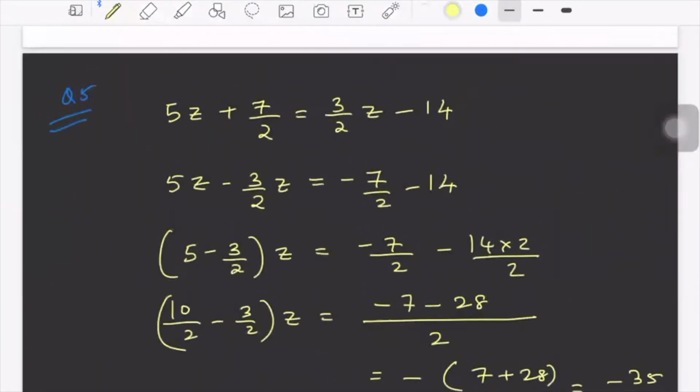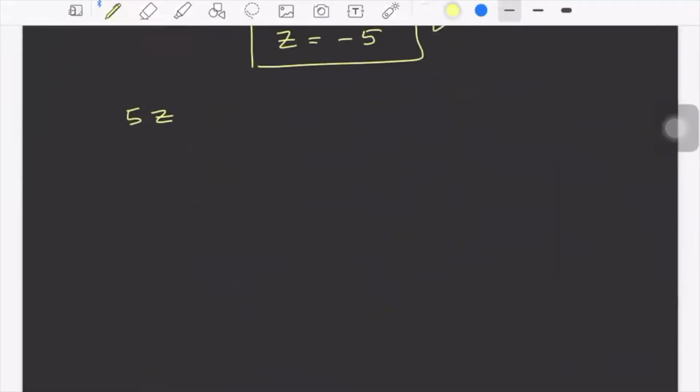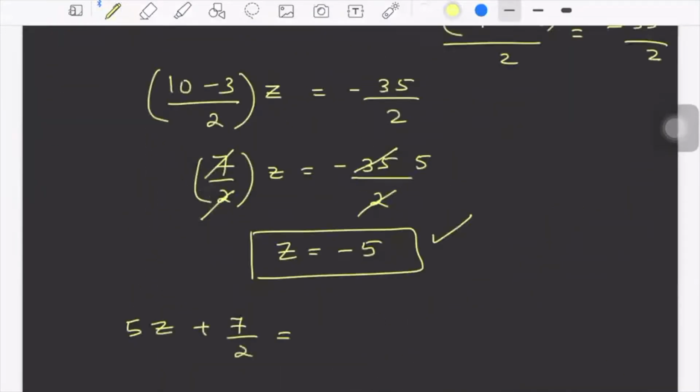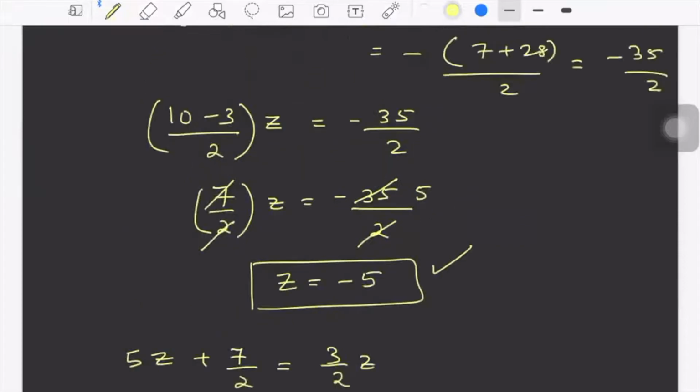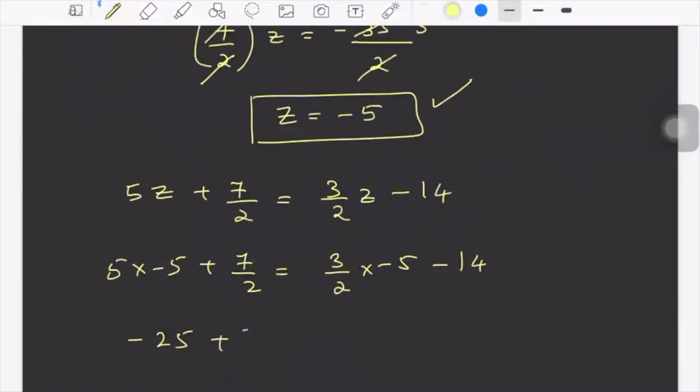So the original question is 5z plus 7 by 2 is equal to 3 by 2z minus 14. So you can go back and substitute and see if it is actually being satisfied. So this is minus 25 plus 7 by 2. And the RHS is minus 15 by 2 minus 14.